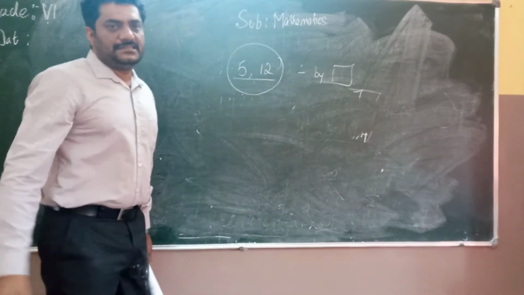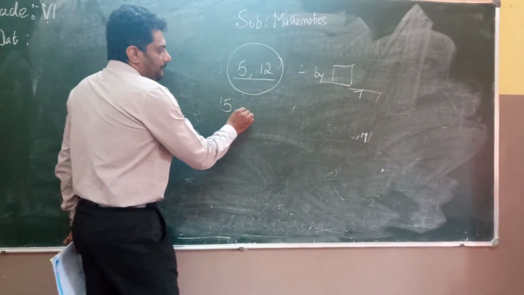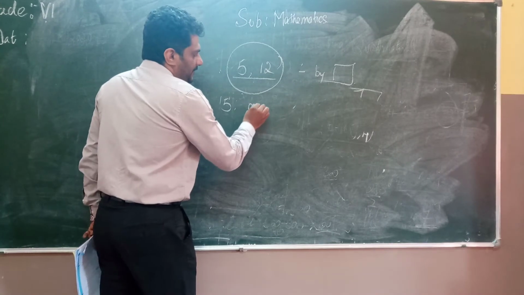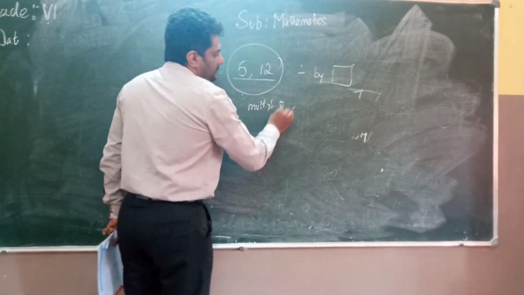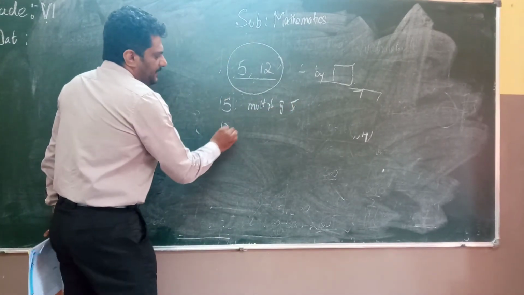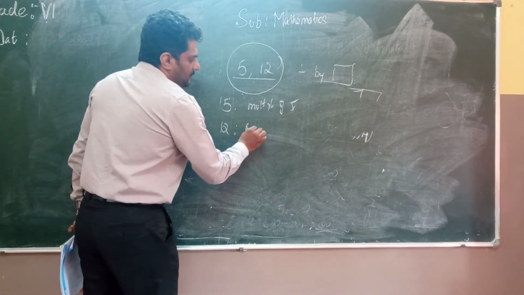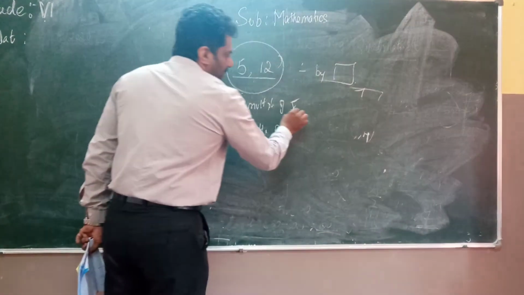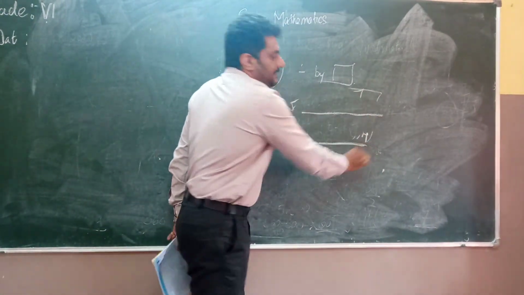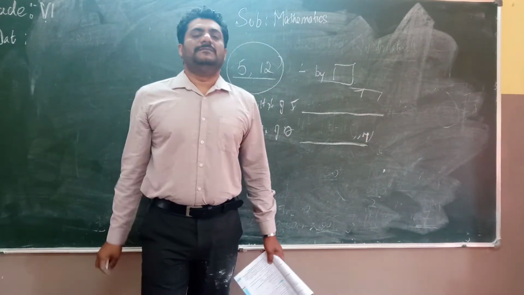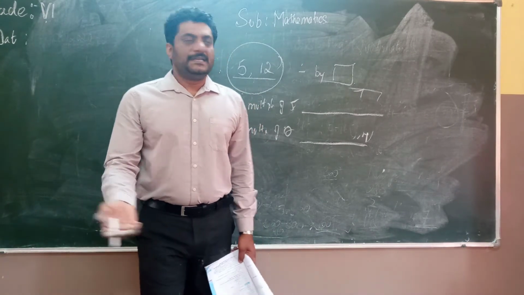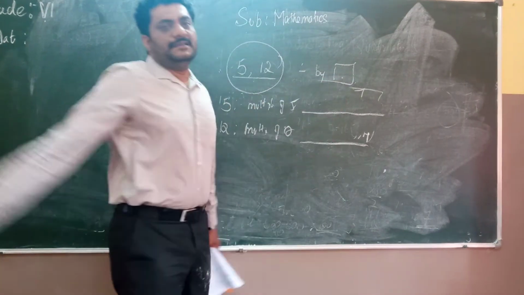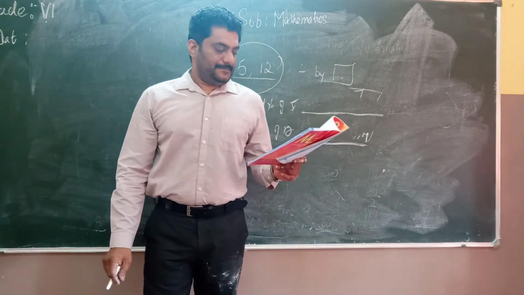How do we find this? Write the multiples of 5. Write the multiples of 12. Once you write the multiples completely, just check which is the common multiple. Whichever common multiple will be divisible by 5 and 12.